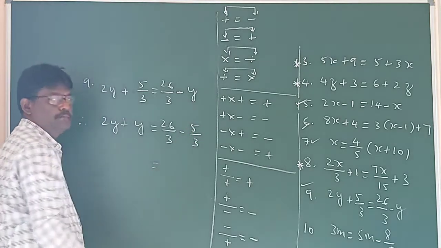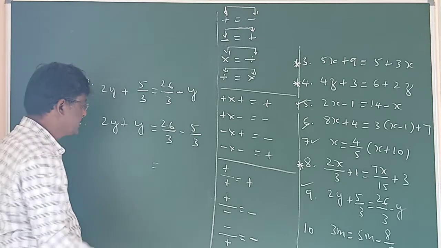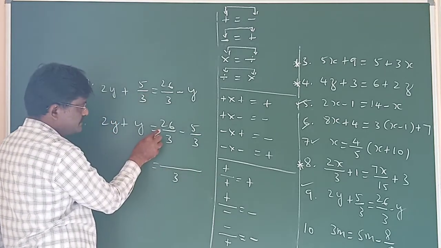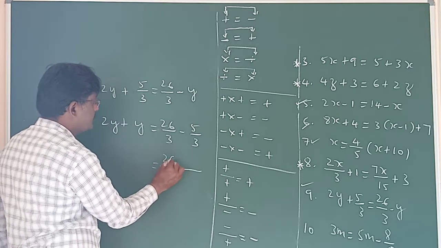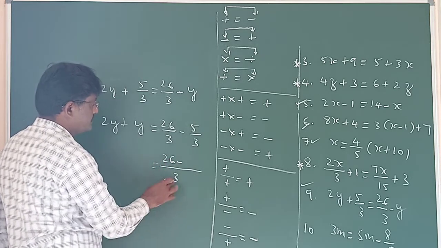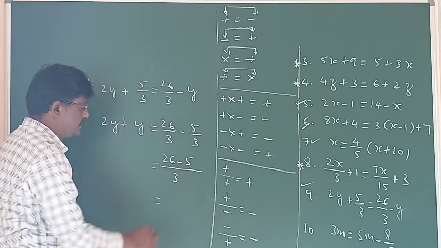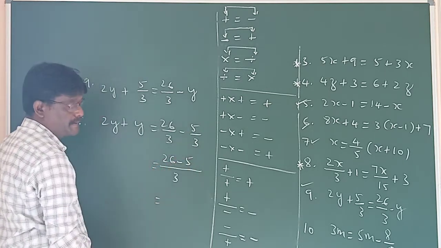Now here two fractions, taking LCM is 3. 3 into the first fraction, 3 gets cancelled, hence 26 minus 5.